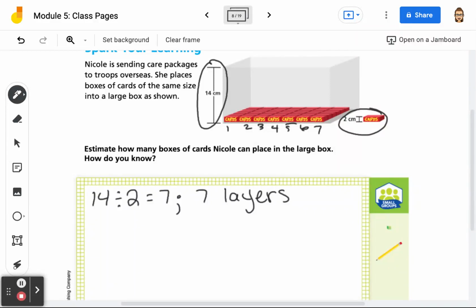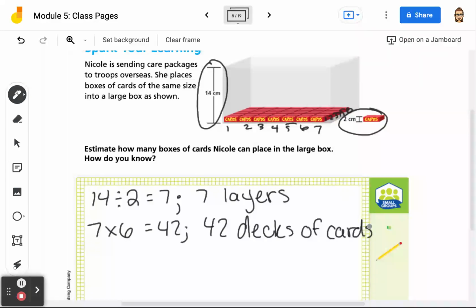And then going back, we have 1, 2, 3, 4, 5, 6. So we're going to do 7 times 6, which is 42. So that means 42 decks of cards in a layer.